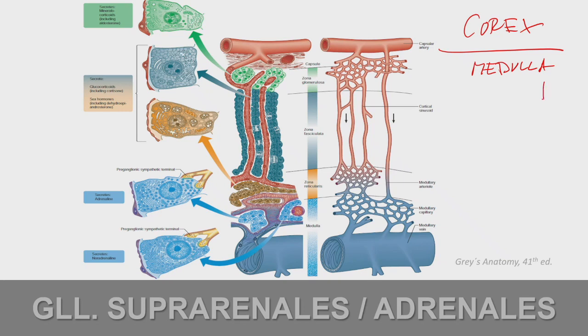The medulla is a sympathetic ganglion or paraganglion. So this is something which is neuroendocrine.